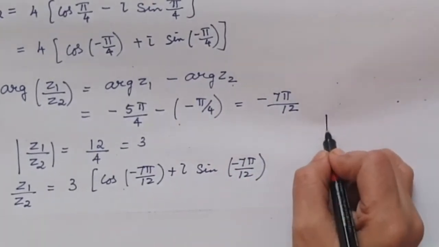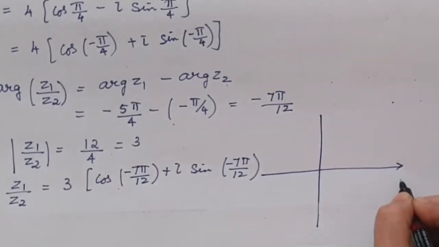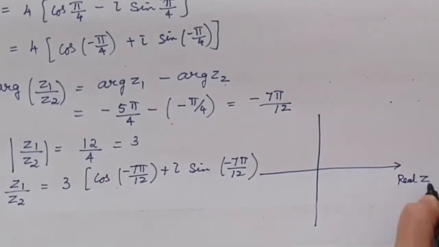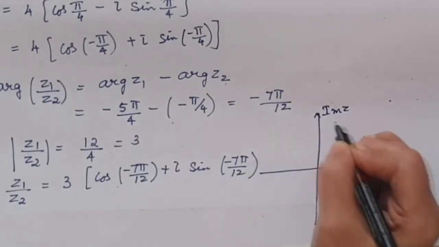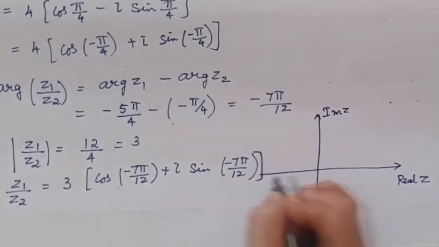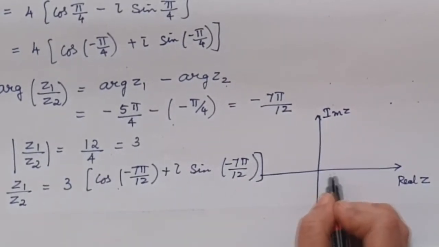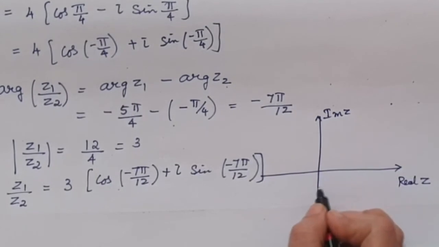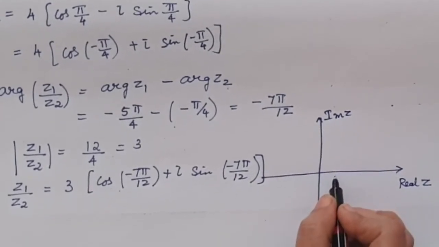So when we represent this in an Argand diagram, we just draw the graph. This is real z and this is imaginary z. So now this is minus 7 pi over 12. This is negative, so if negative, we have to come down. Positive, we go in the anti-clockwise direction.